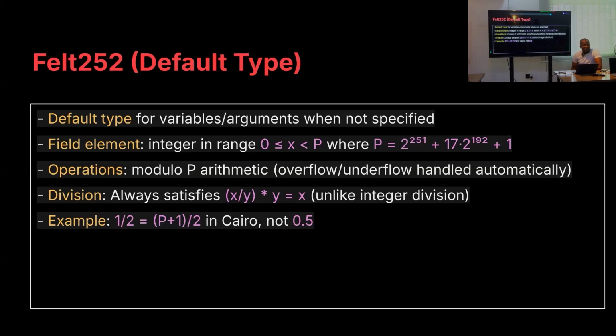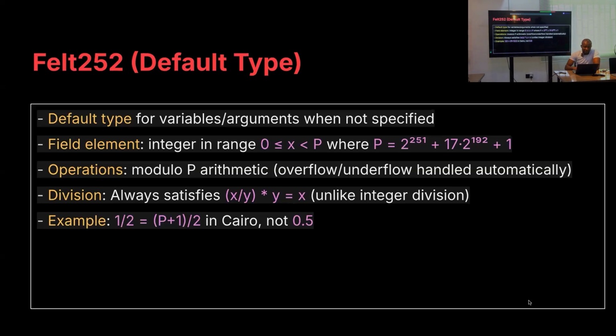So, felt actually handles this automatically. But then there is a case here. You cannot do division correctly with the felt type. This is something you need to know before actually writing the code. When you have felt, division outputs are not always accurate.